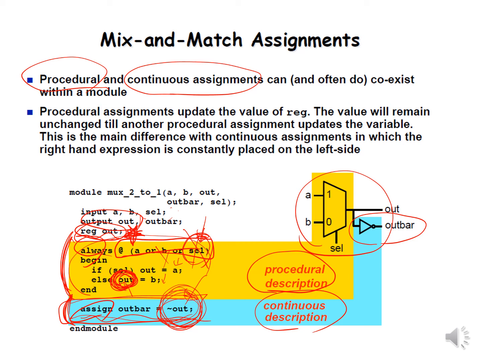But the always statement must satisfy the condition described inside the sensitivity list. This is a very typical mistake that many students and engineers make when filling out the sensitivity list.